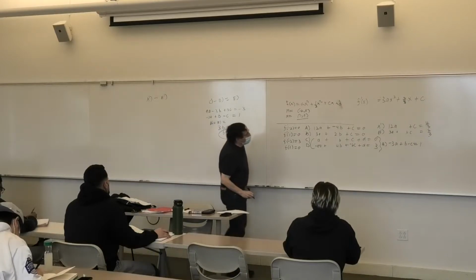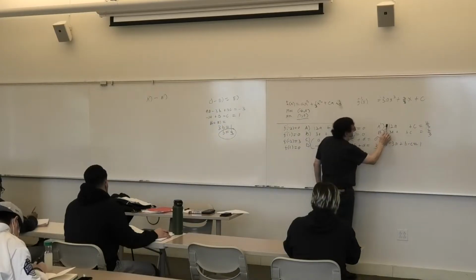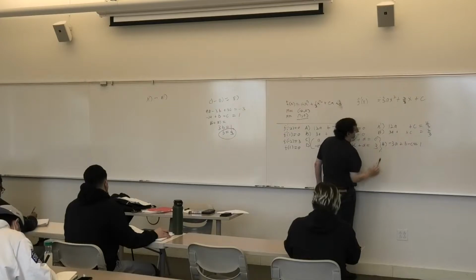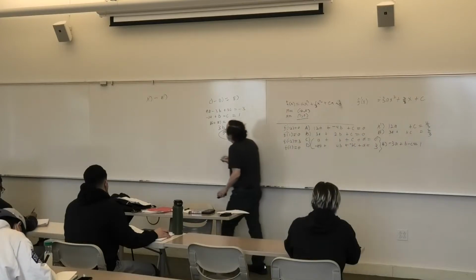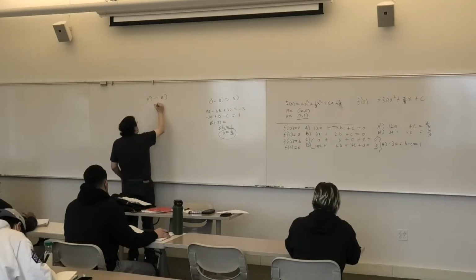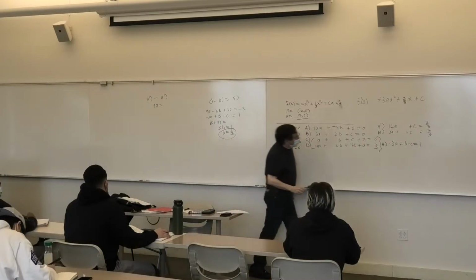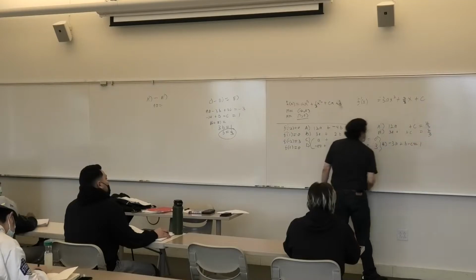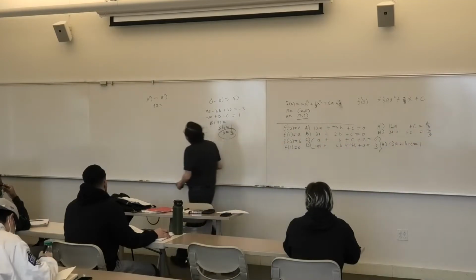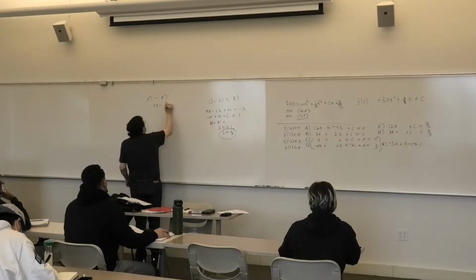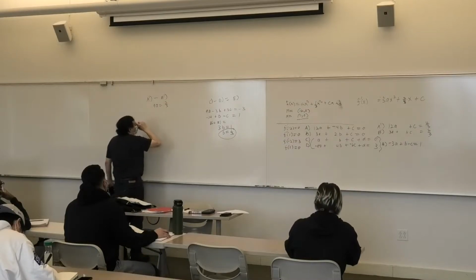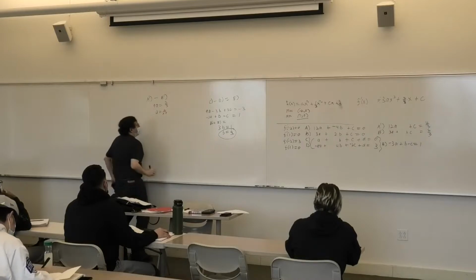So that's 12 minus 3 is 9. And 4/3 minus 2/3 is 2/3. So that would make A equals 2/27.